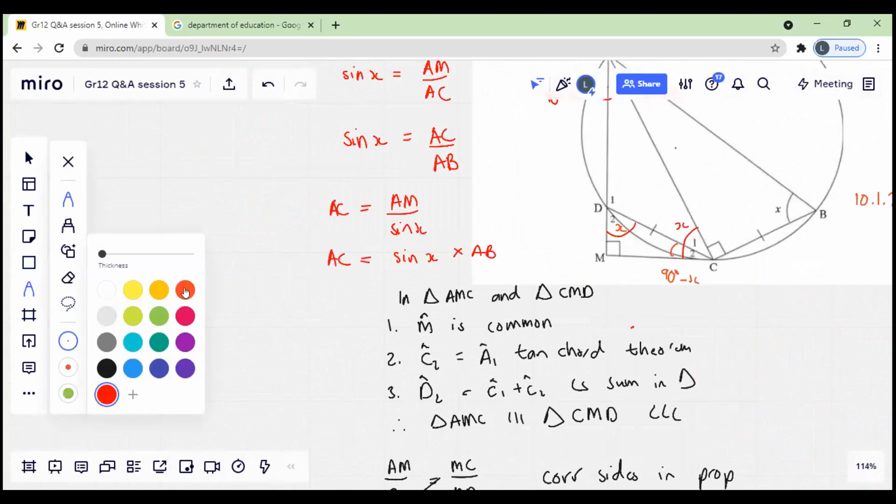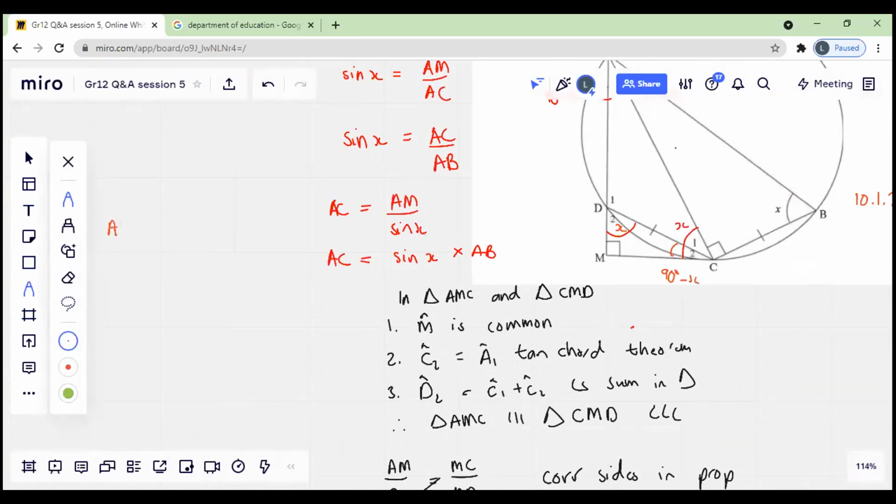Last thing over here, if AM over sine X equals sine X times AB over 1, then sine X squared will be equal to AM times AB. What have I done wrong?